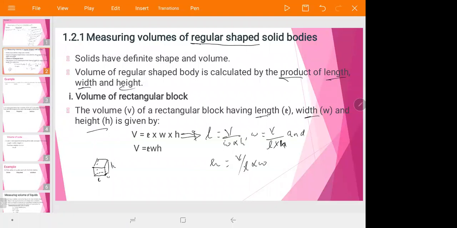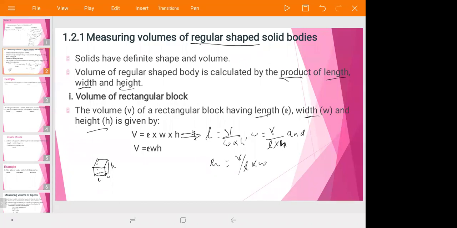So to calculate such a solid, especially solid geometry like a rectangular block, you must calculate the volume by length times width times height. From this, you can derive the length formula, width formula, and the height formula. So if two of the three are given, you can find the third one.